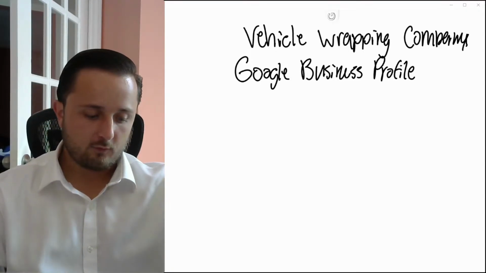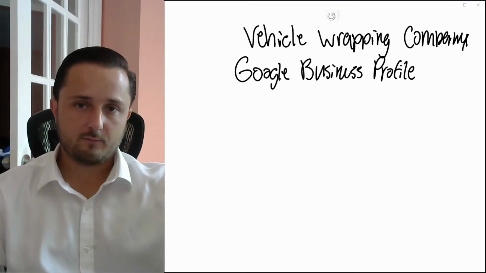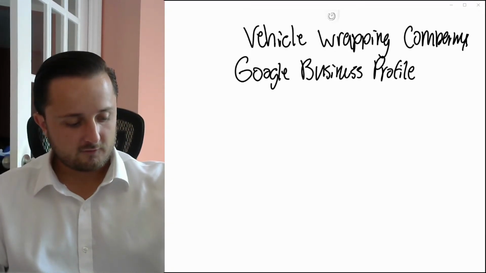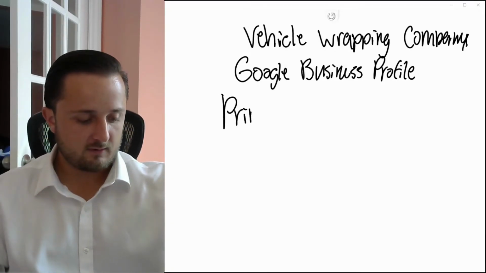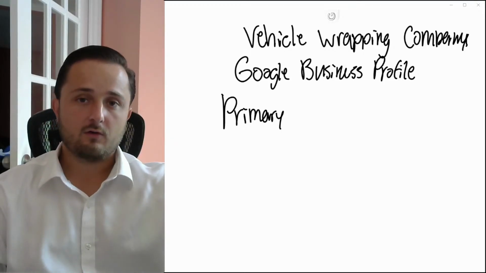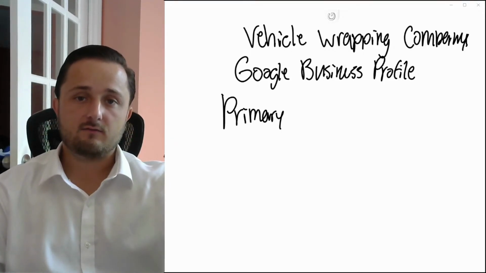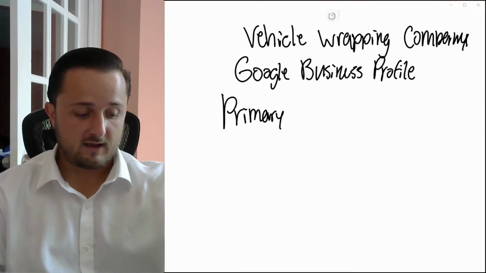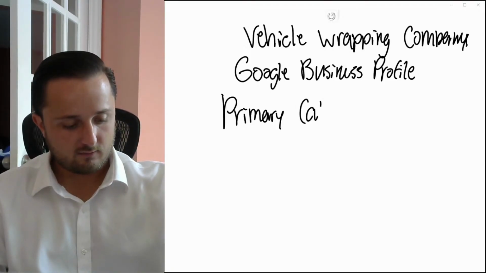So for the vehicle wrapping company on the Google Business Profile, the first thing we want to look at is your primary category. When I'm going to rank a vehicle wrapping company, this is the first thing I look at is the primary category.